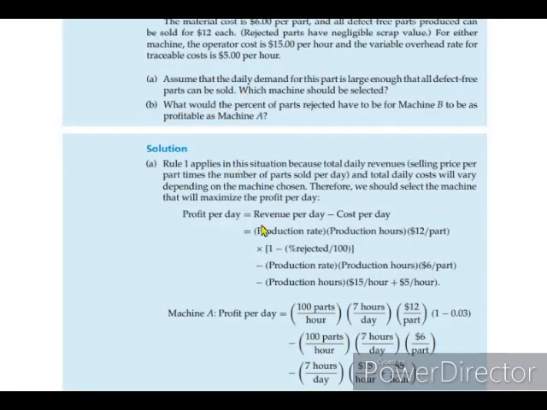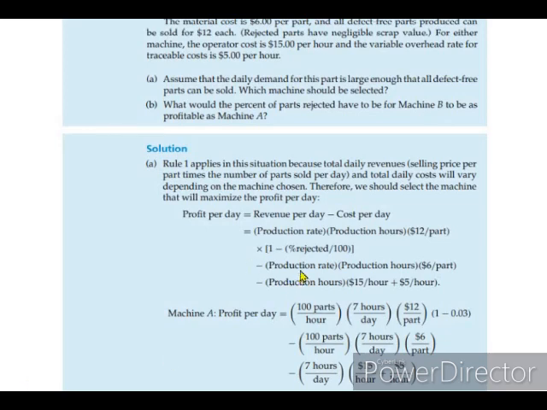So, profit per day is equal to revenue per day minus cost per day. Under revenue per day, it is the production rate multiplied by the production hours multiplied by the price, $12 per part, times 1 minus the quantity of percent reject over 100.